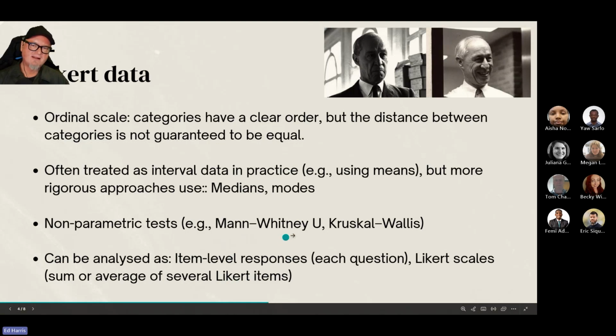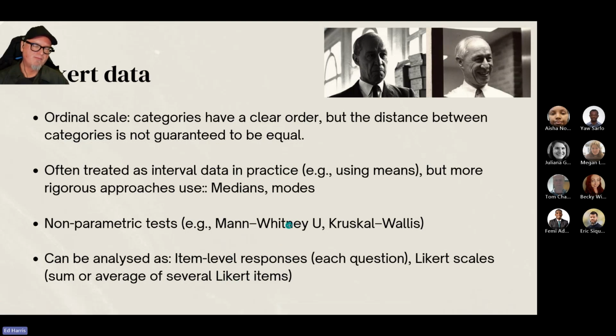Commonly, when you analyze these things, it's real common for me to see people use means of responses. If it's on this Likert scale with these categories, they might convert the categories to a numeric scale and then just analyze the numeric scale using means with an analysis of variance or something similar. That's generally frowned upon.